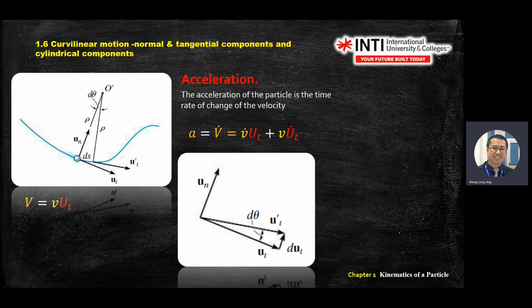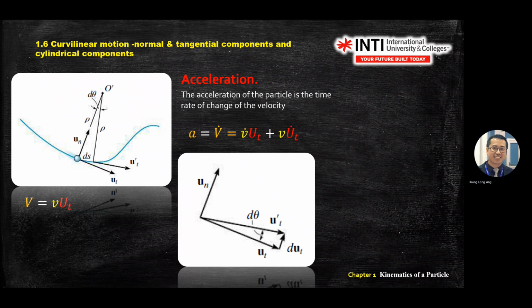u equals v ut. So when you differentiate with time, you need to differentiate this one and differentiate this one. That's why you get this. Then we give you one diagram. If we pick this dot, we stop the time, we have normal direction and tangent direction.